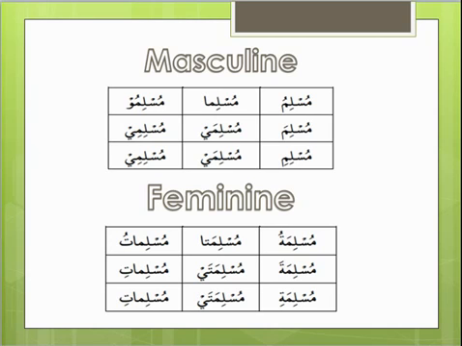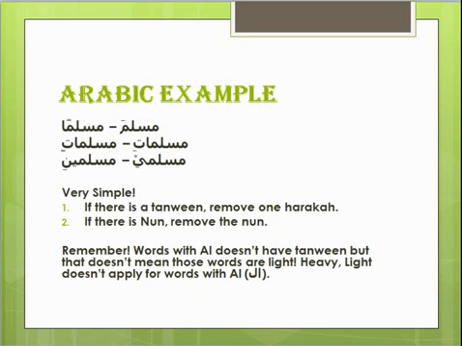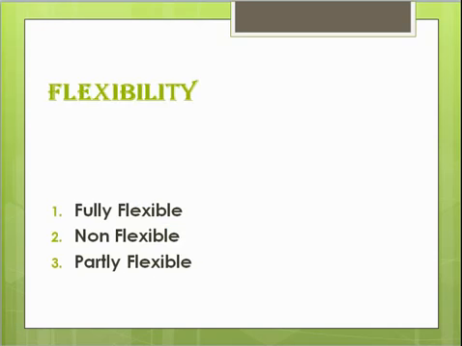So let's move on to flexibility first. We'll do everything later. For now, just remember how to make it light. You don't have to make anything light. In the Quran, you may find Muslima, Muslimati, Muslimai. What does that mean? Then understand that it is light, and it will be for a reason.